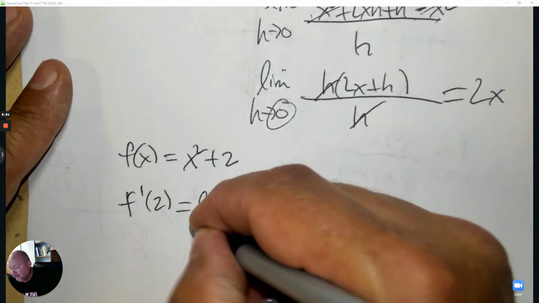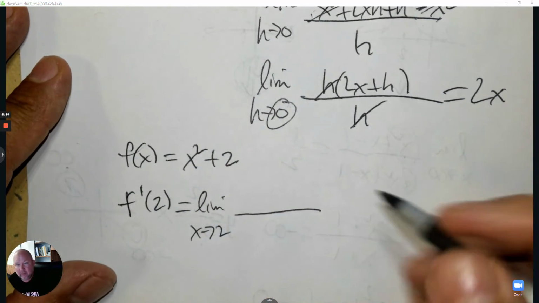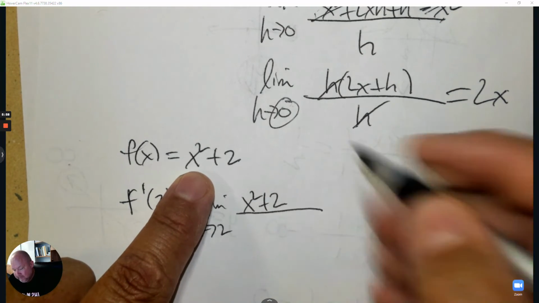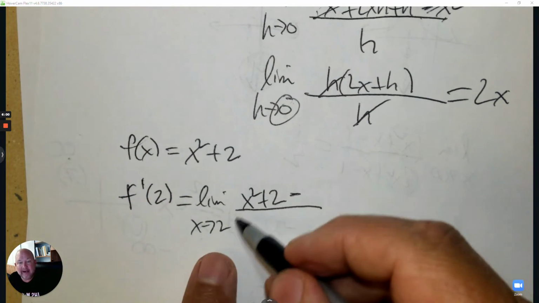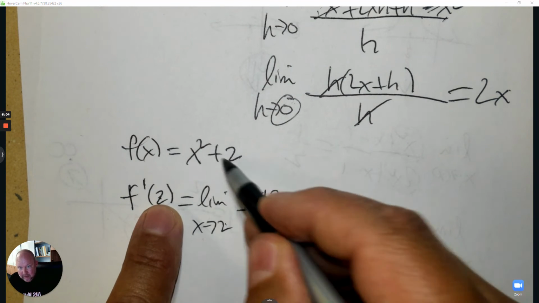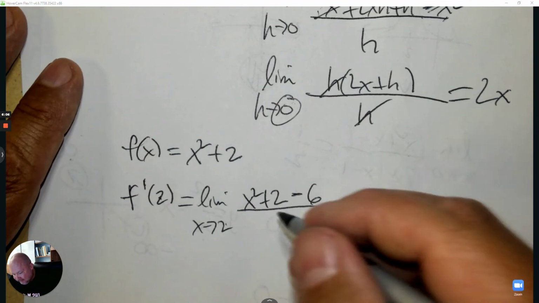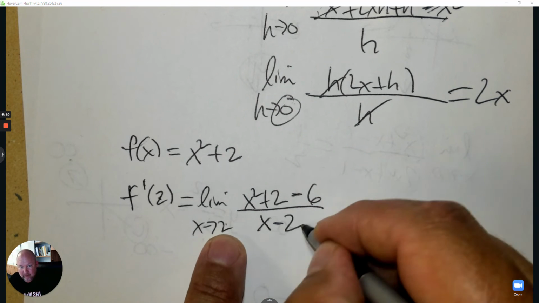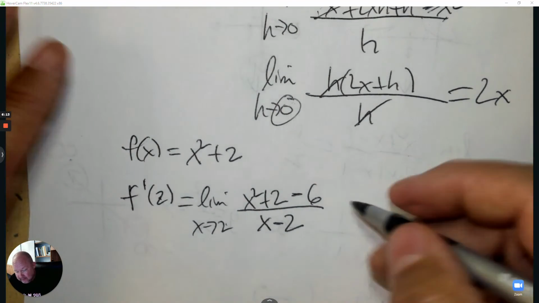So we want the limit as x approaches 2. That's what I'm looking for. And then I write down the function, and I subtract, and then I plug in what the value is at 2. So 2 squared plus 2. I plug that in, and then the denominator is x subtract whatever that number is going to. So there's the setup.